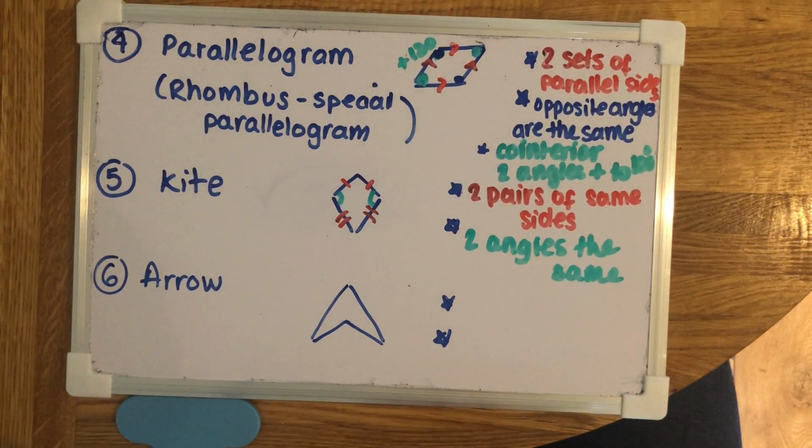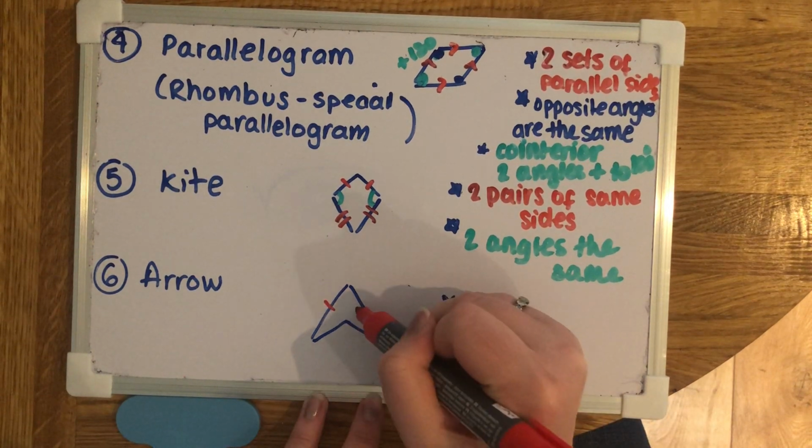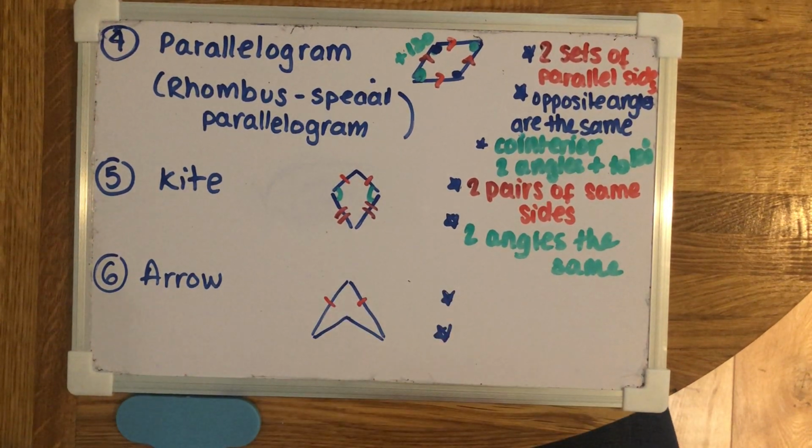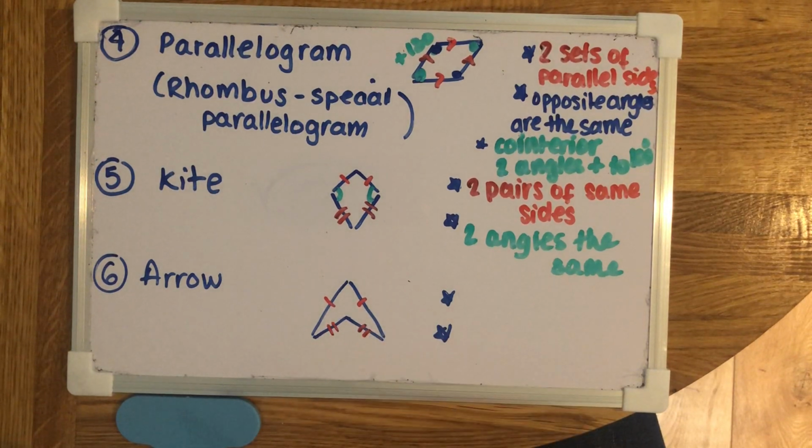Now, I've added in an arrow because they seem to be appearing up a bit more, and actually they're quite easy to remember because it's quite similar to a kite, so I thought I'd add it in anyway just in case you just wanted to know, and you may be lucky and you may see a question like it. So first thing with an arrow, these two sides are the same, okay, and then also these two sides are the same.